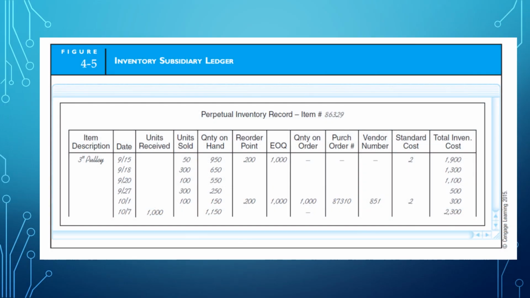So this is the example of the inventory subsidiary ledger, and we have the list of records, the list of units sold and so on, the total and other information that is related to each transaction.